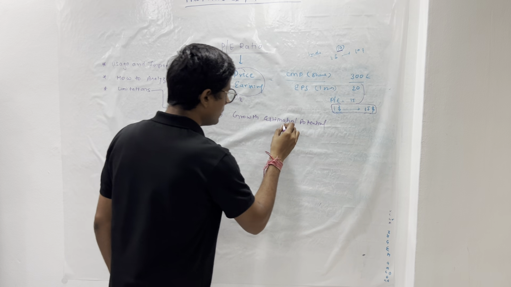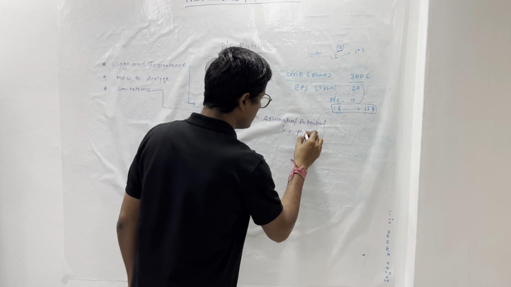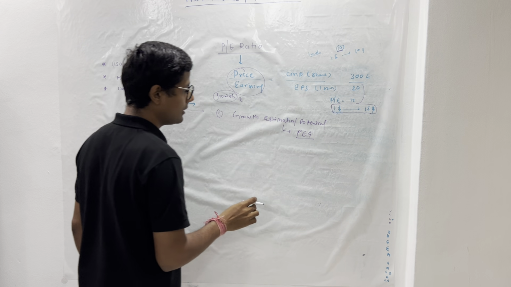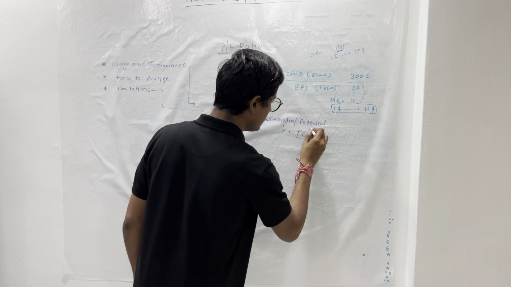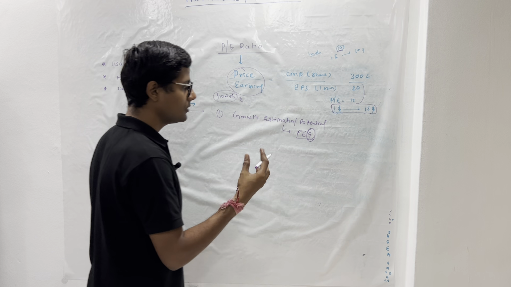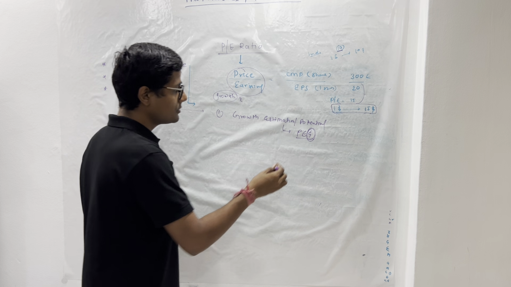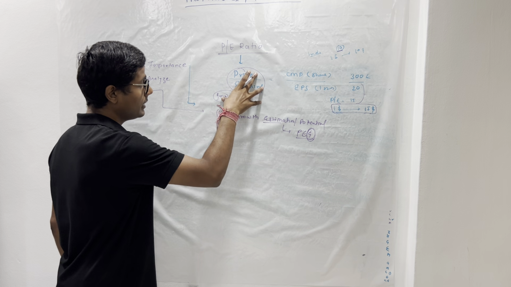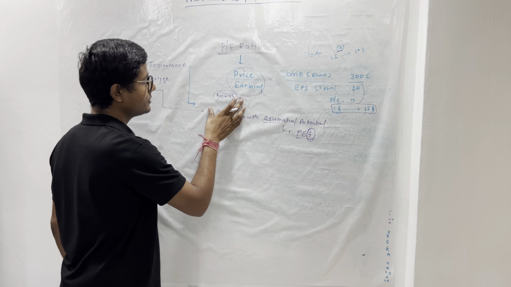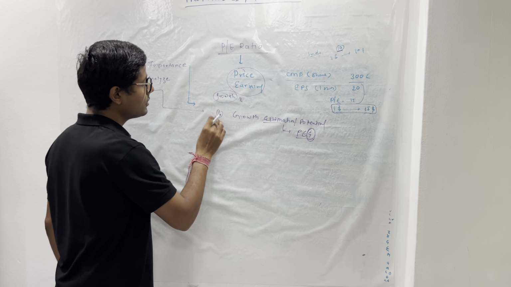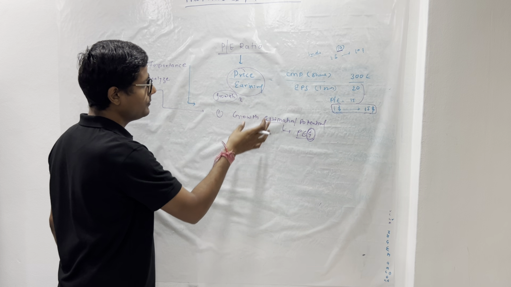To overcome this limitation, another ratio has been derived, the price earning to growth ratio. There is a growth element involved, and based on that we can get a better estimate about the overvaluation or undervaluation of a stock. But in this specific formula there is no consideration of growth, so it doesn't give the right picture.